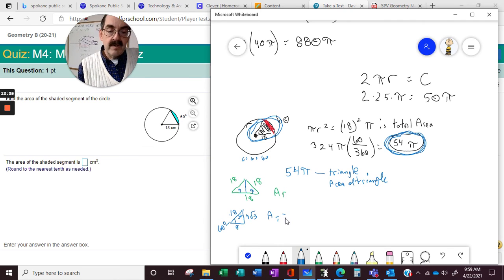The area of a triangle equals what? Length times width divided by 2. Well, the base times height: 9 times 9 radical 3 divided by 2. And we're going to get a number here.